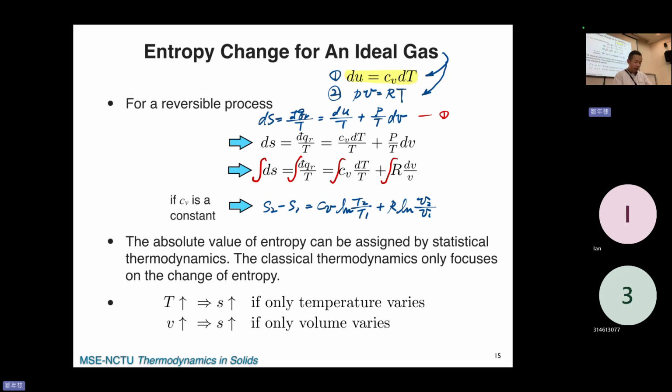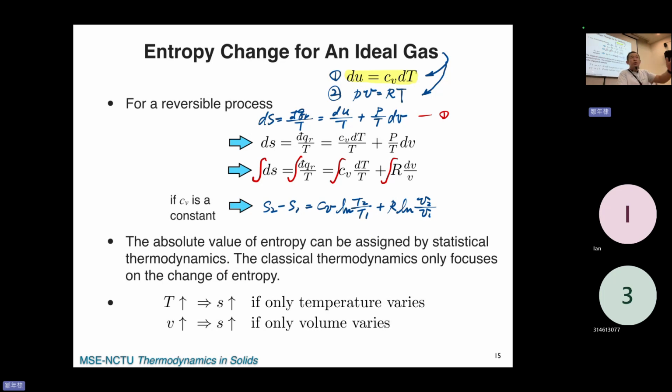So you can see that we always focus on change of entropy. That's because it's really difficult to determine the randomness of the material by using classical thermodynamics.